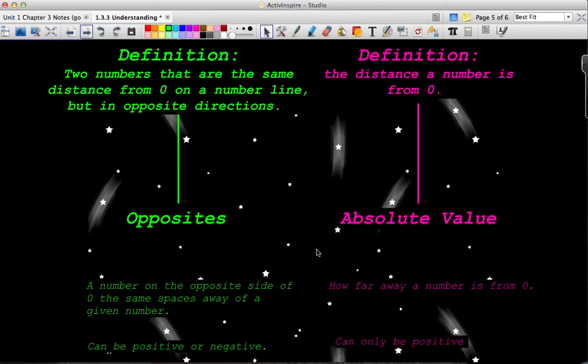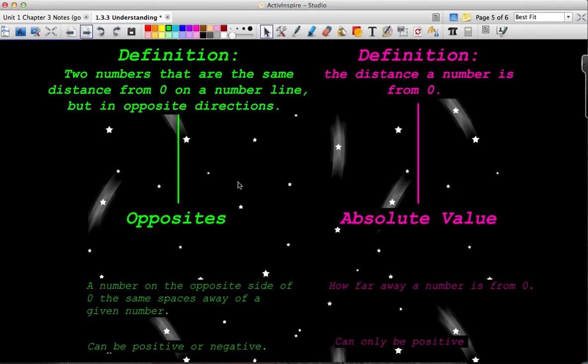All right, so if we look at the definition for opposites and for absolute value, we see that for opposites, they are two numbers that are the same distance from 0 on a number line, but in opposite directions. So in this case, what you're looking for is the number that goes the opposite direction. So if you're at the negative end, you're looking for the positive opposite. If you're at the positive end, you're looking for the negative opposite.